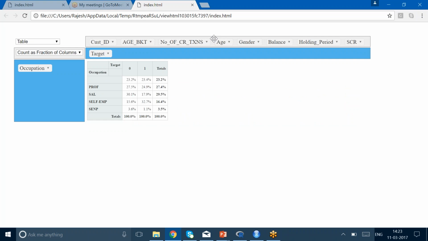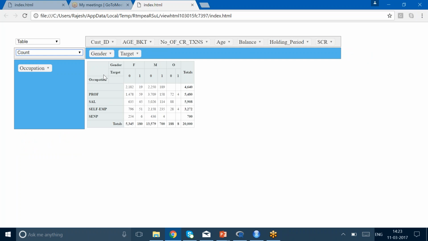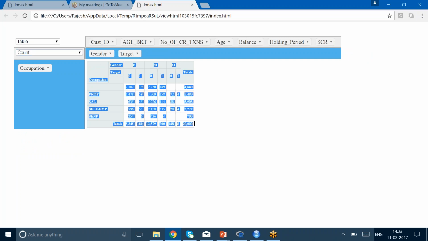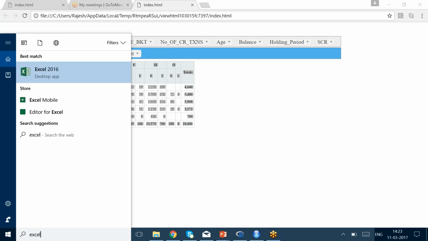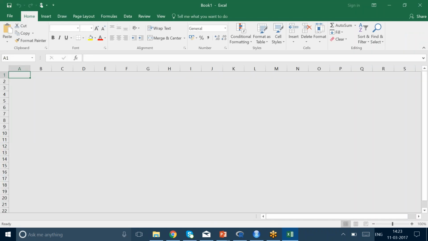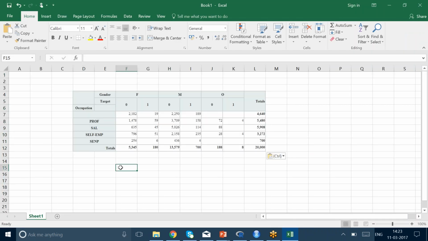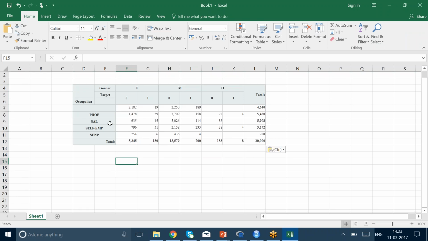Okay, what I wanted to do was, rather than getting these numbers like this, I'll just show you. Let me take smaller dimensions because that becomes easy. If I copy this cell, copy it in Excel, I've pasted the entire table in Excel now. This is a missing occupation category.